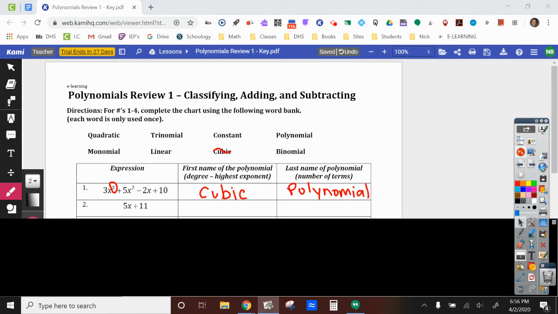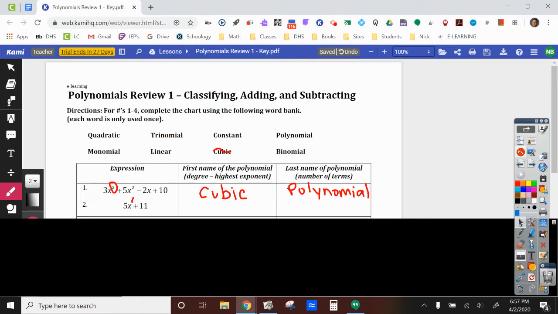All right, so let's look at example 2 here. Example 2 says 5x plus 11. That's my expression, or my polynomial that I need to name. First I'm going to give it a name by the degree. That's the highest exponent. I don't see any exponents, but I have a variable. If we recall, if there's a variable, that means I have an exponent, and if I don't see one, that's my little invisible 1.